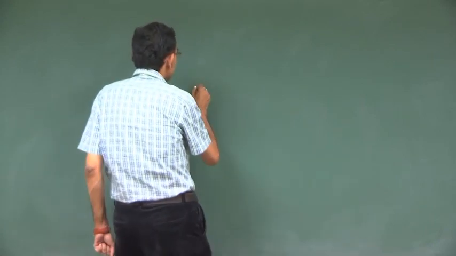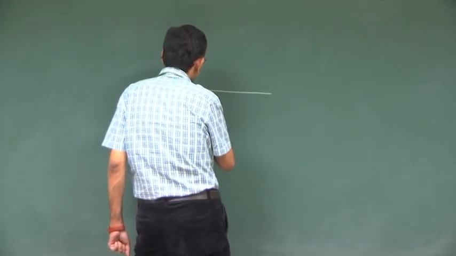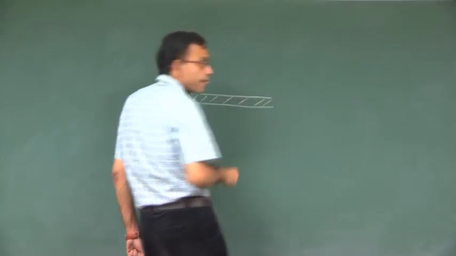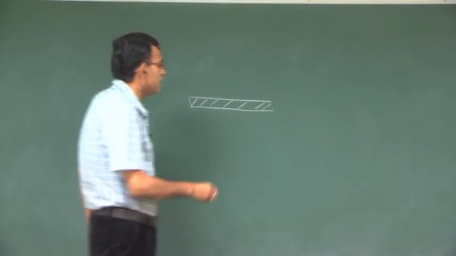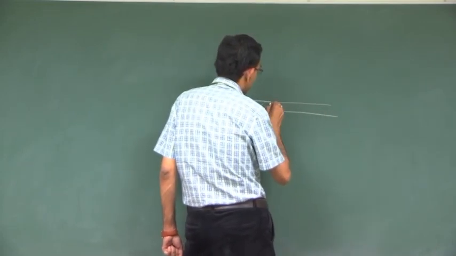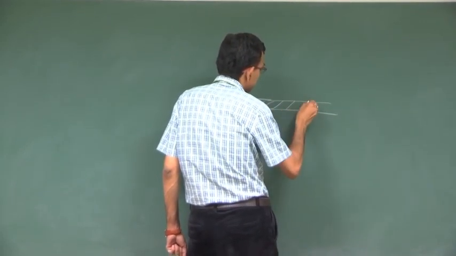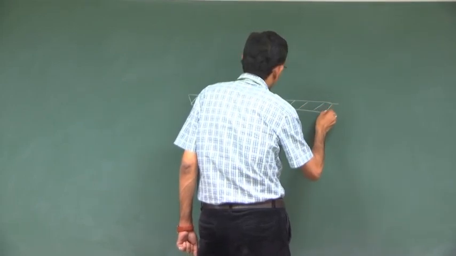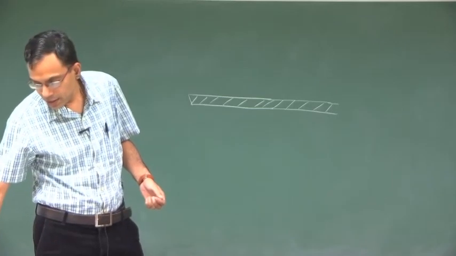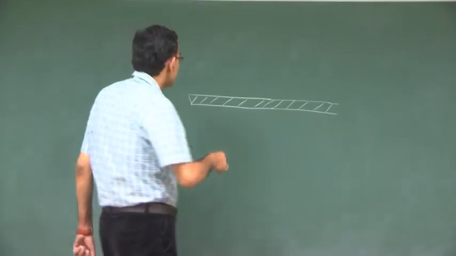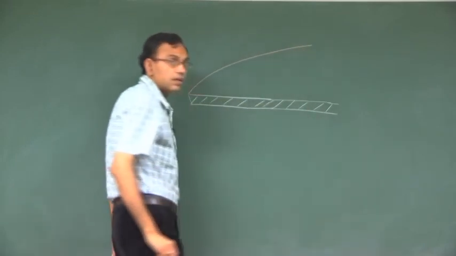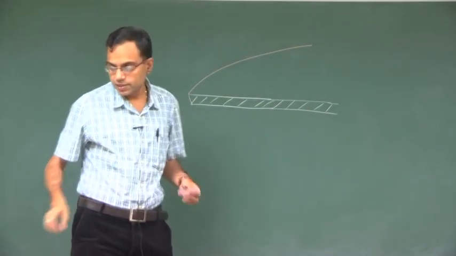So, imagine that there is a flat plate like this and there is a boundary layer, the edge of which is like this.